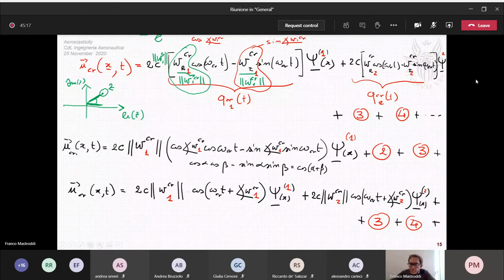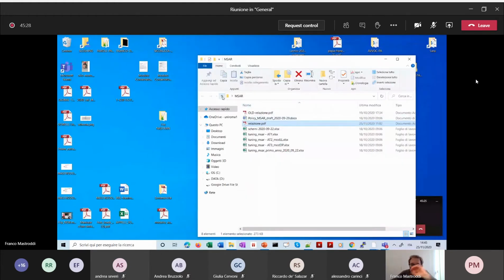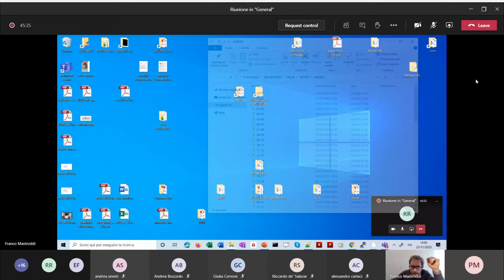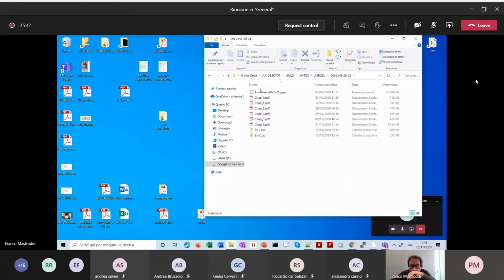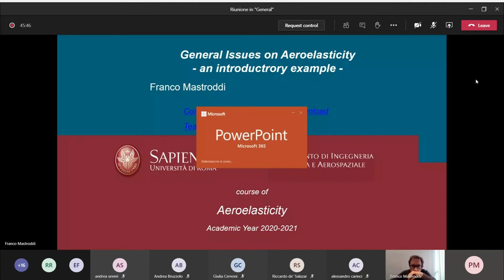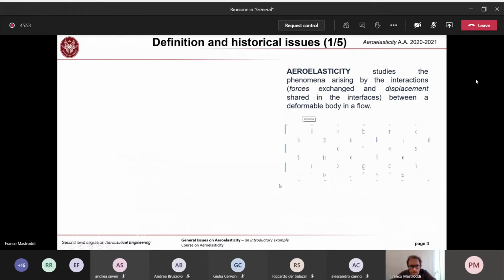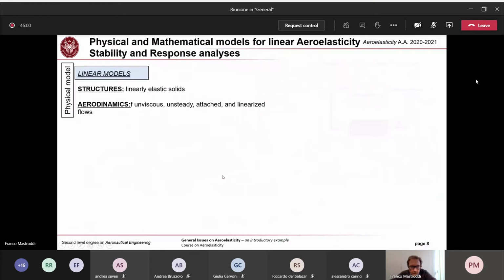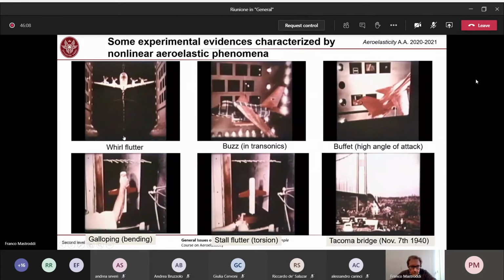I want you to imagine having an aircraft, and you perform the flutter analysis on it. Before doing the flutter analysis, you could perform the modal analysis.